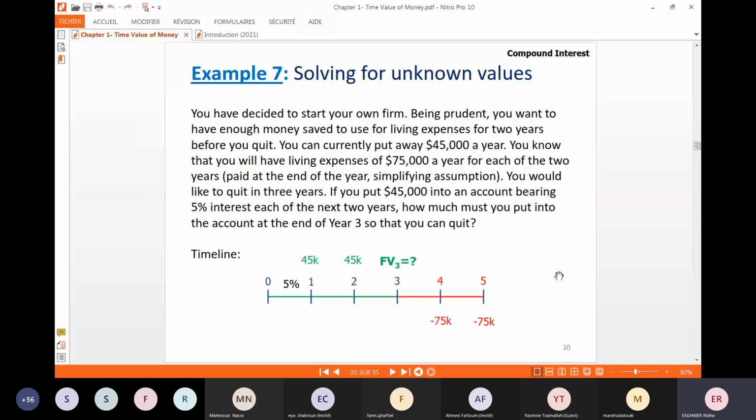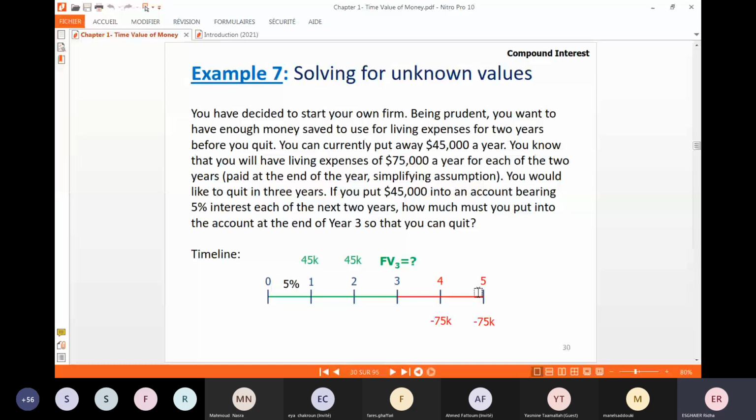So applying the first logic, what will be the present value of 45 at date 1, 45 to accumulate at date 2, and the future value 3 at the date 3, minus 75, meaning we have 75 to pay at the date 4 and another 75 to pay at the date 5.